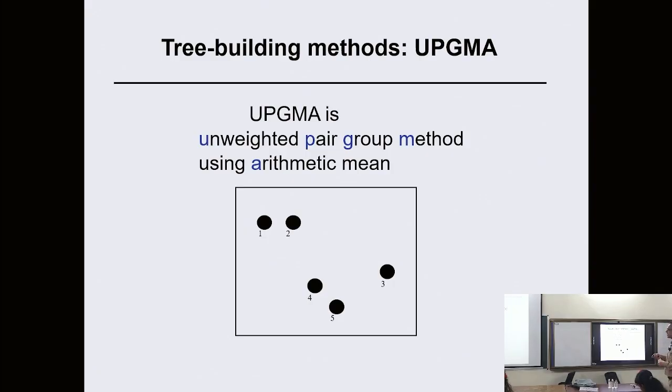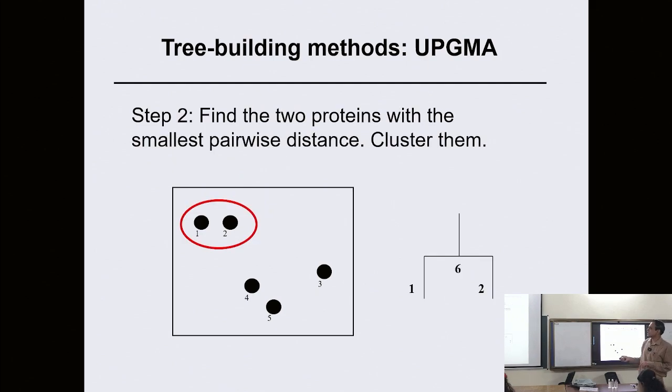So, given 5 objects, and those 5 objects can be 5 sequences, you identify the 2 sequences that are most similar to each other among all these, and let us say that those 2 sequences are 1 and 2, that are closest to each other among all.